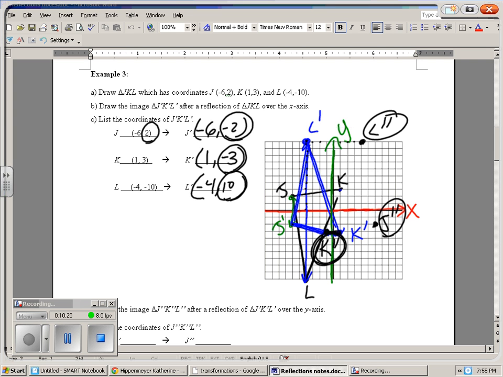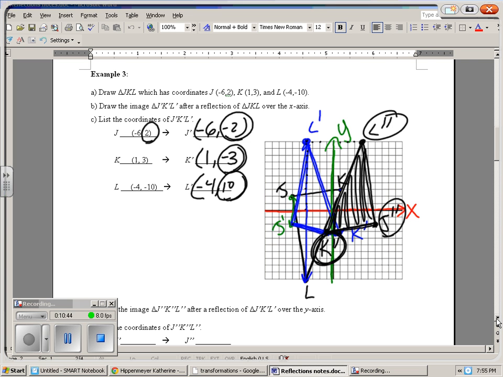And then I'm going to connect J double prime to L double prime, and then J double prime to K double prime, and then K double prime to L double prime. And you'll see again, this is the same size and the same shape, but it's just in a different place.